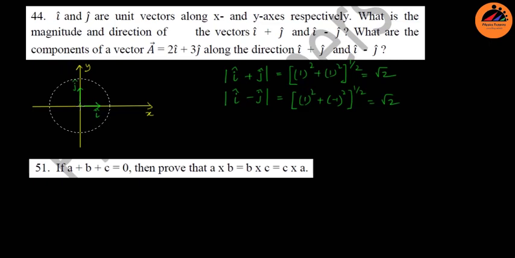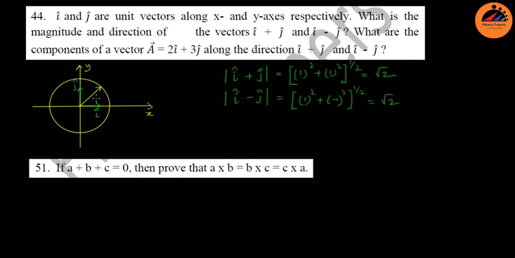This has a magnitude of 1, so the circle has a radius of 1.414, a little less than 1.5. So I think you understand this. This is the magnitude of this vector.